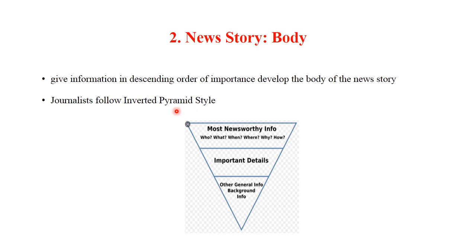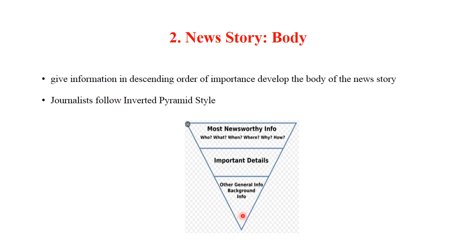So this is the inverted pyramid style, which we follow for writing the news, and that is the reason I told you that this style is completely different from the narrative styles which other writings mostly follow. But over here we follow the inverted pyramid style, in which we give the most important information in the beginning and the least important information at the end.